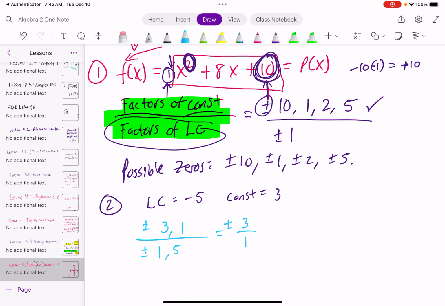Or it could be over 5. And the 1 could be over 1, or it could be over 5. And so your possible answers are plus or minus 3, plus or minus 3/5, plus or minus 1, and plus or minus 1/5.